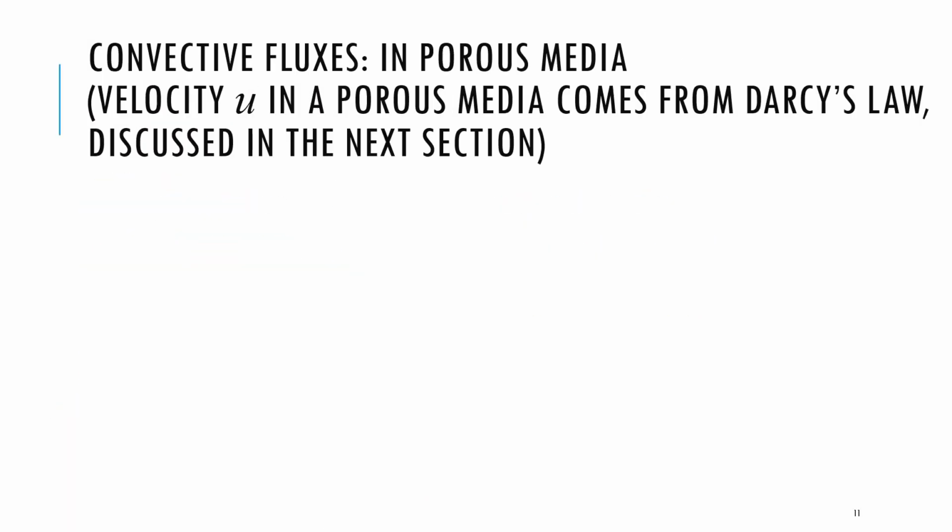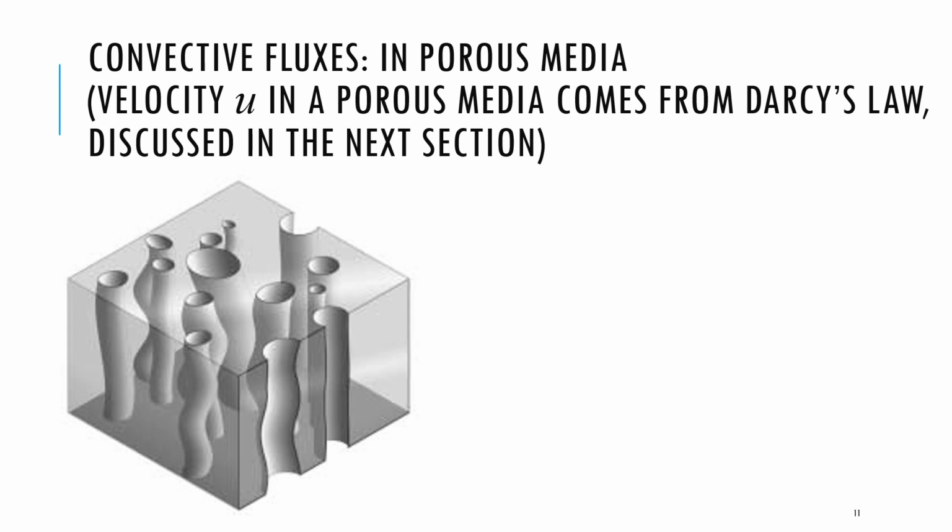Now we extend those convective fluxes to porous media. So the velocity in a porous medium is really averaged over the entire surface. So this u, the velocity, is really a velocity averaged over the entire surface.